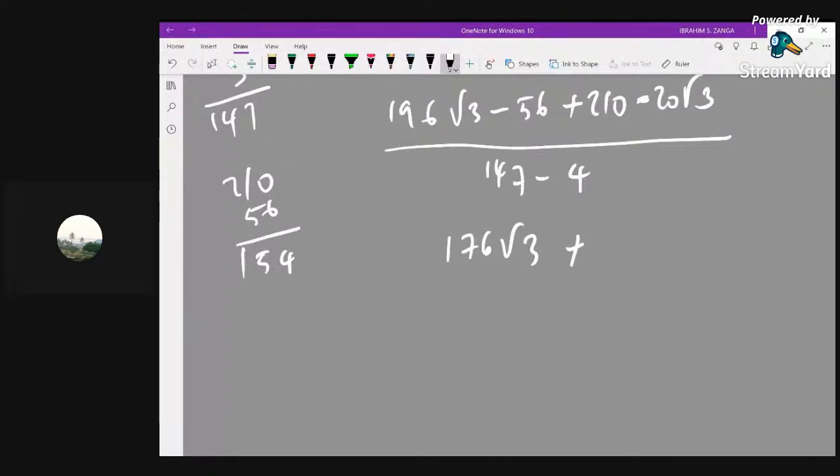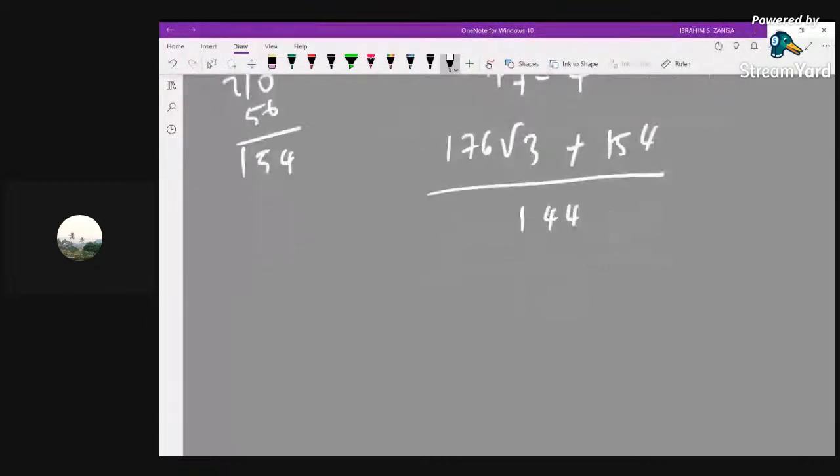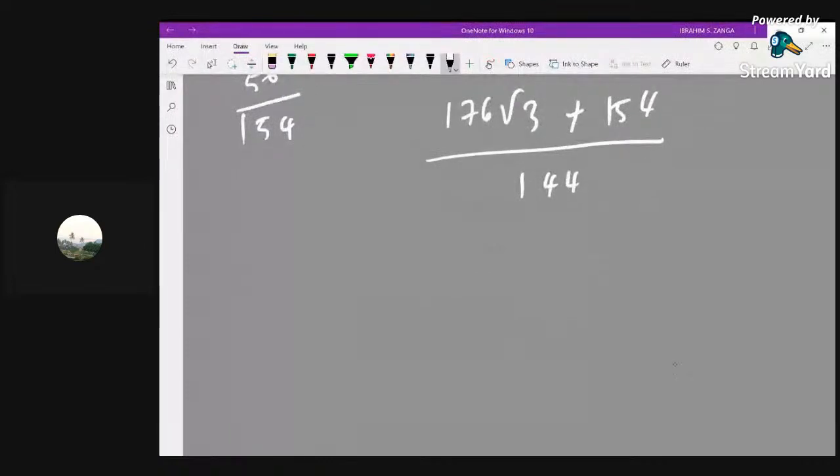Okay, so plus 154 divided by 143 now. We proceed, you can simplify now. 176 divided by, is it divisible by 12? For example, calculator.